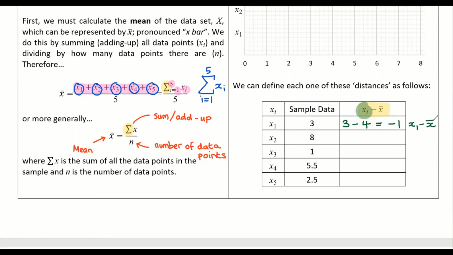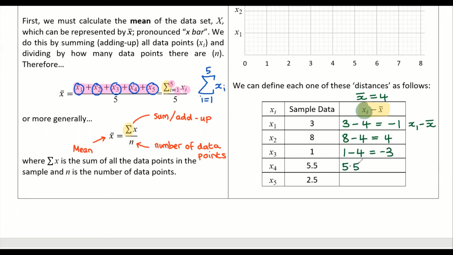Okay, just remember, of course, I'll just write x bar again. X bar is equal to 4, and that's the mean. Okay, so we'll do the same thing for the other rows. So data point x2 was 8, and then we subtract the mean from that. Okay, and we got a distance of 4, okay, which corresponds to the diagram. Data point 3, we did 1 subtract 4, and we got -3.